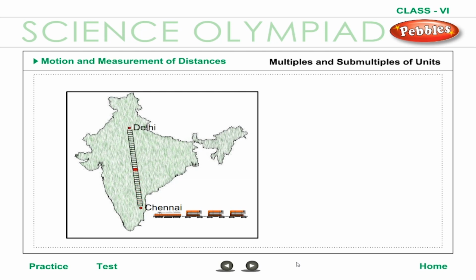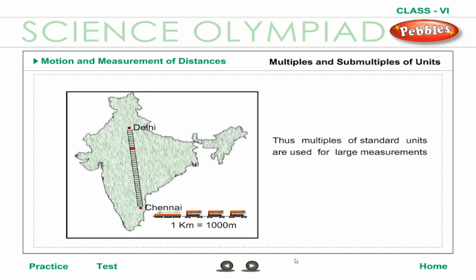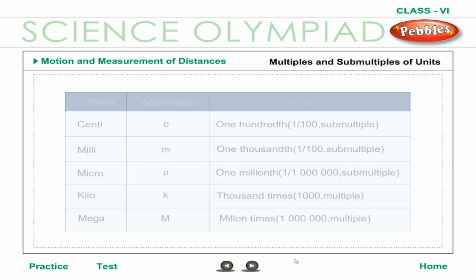So, we use a bigger unit, that is, kilometer, km. We say 1 kilometer is equal to 1000 meters. Similarly, small measurements such as measuring the thickness of a coin or the width of a human hair requires a smaller unit. Thus, multiples of standard units are used for large measurements and submultiples for small measurements as shown in the table.